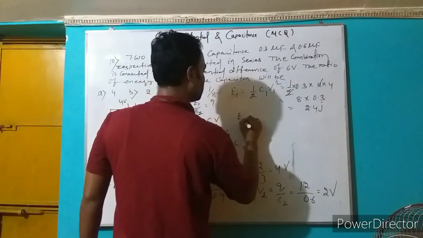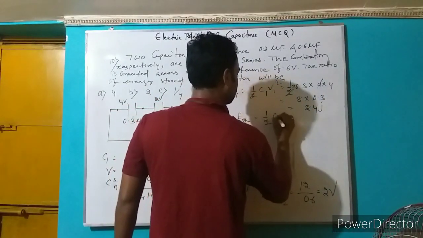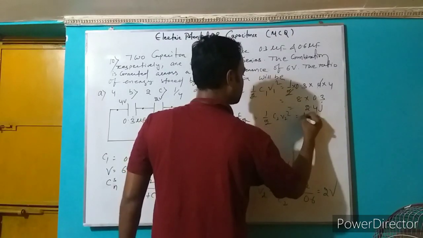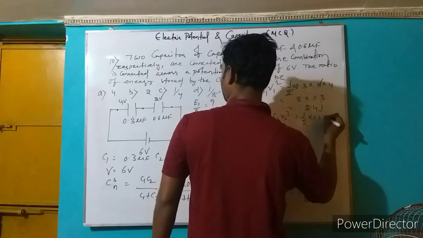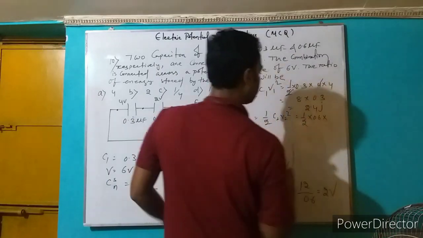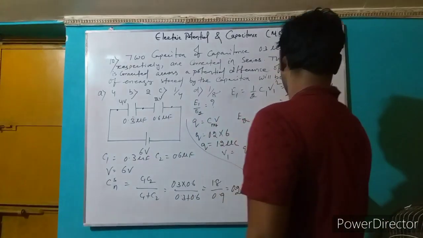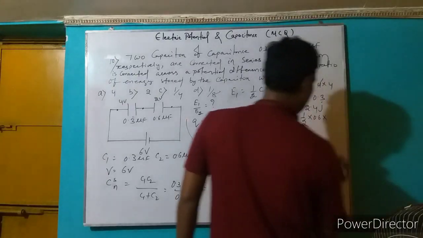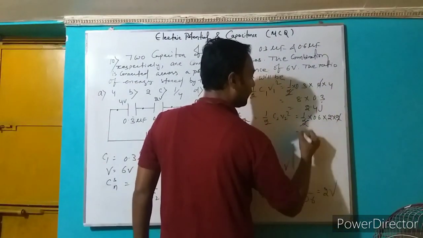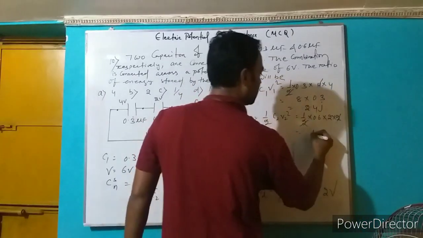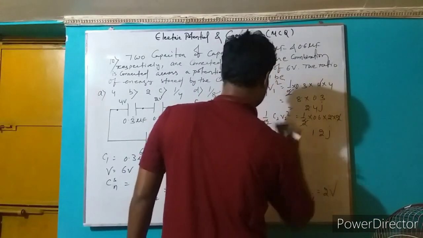Similarly E2 equal to half C2 V2 square, that is half into 0.6 into 2 into 2. The 2 cancels out, so that is 1.2 joule.